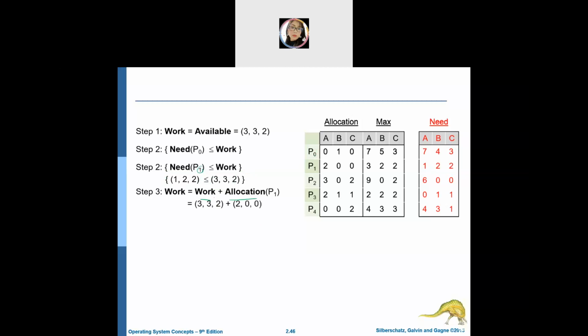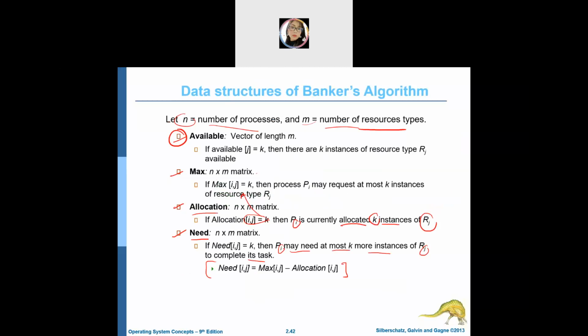So let's see our work now. Work is also similar to availability. You add on the allocation for P1. All these steps follow the previous slide.